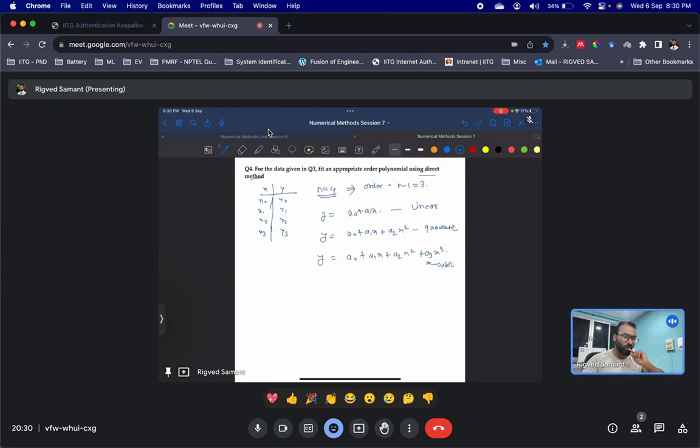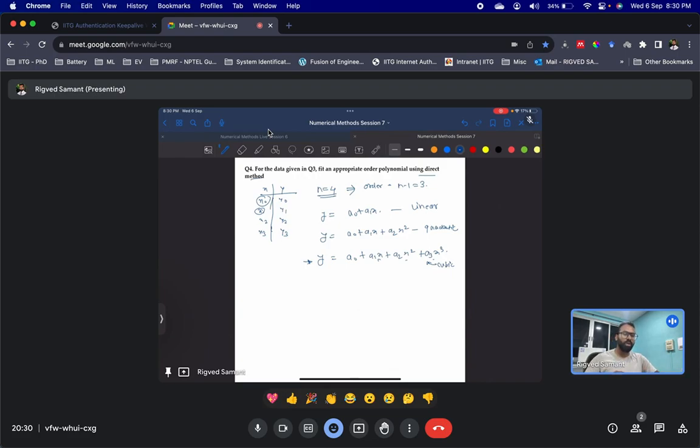So what I can do, I can start with writing this equation. For each x0, put it here, I can have an equation for each x0. I will have an equation in terms of a0, a1, a2, a3.